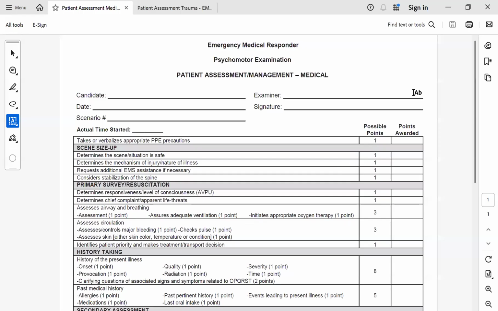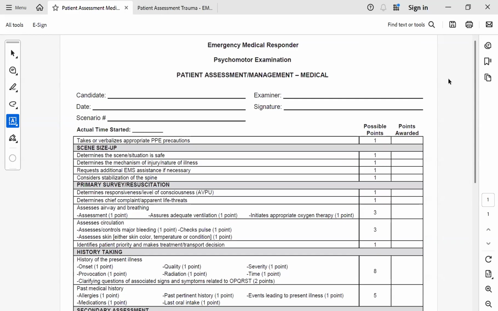So I put these on there for you. These are from the National Registry, patient assessment, medical and patient assessment trauma.